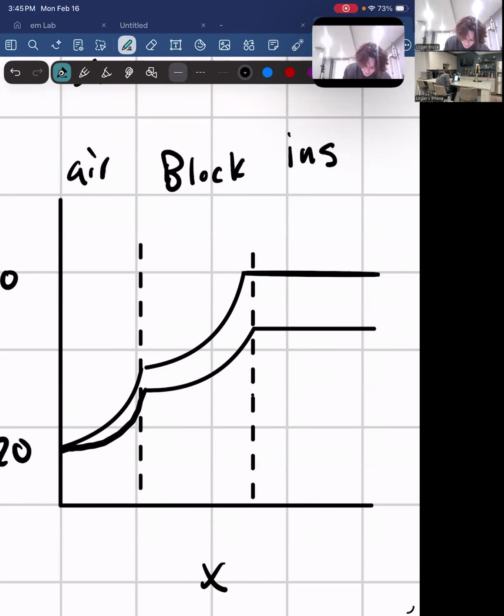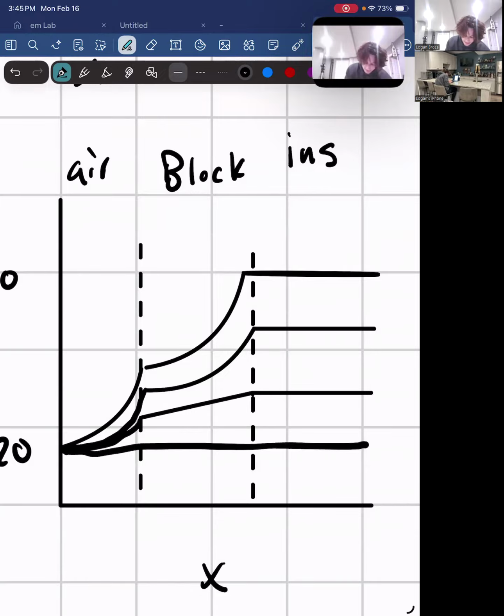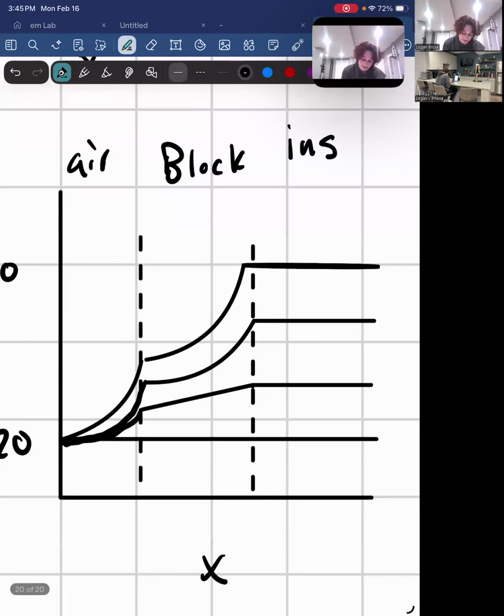This continues as you go down, right, to some point in which this will be a completely straight line, right? So we lose less and less heat as the temperature decreases over time, right? And so our slope progressively gets less and less steep until eventually it is 0.